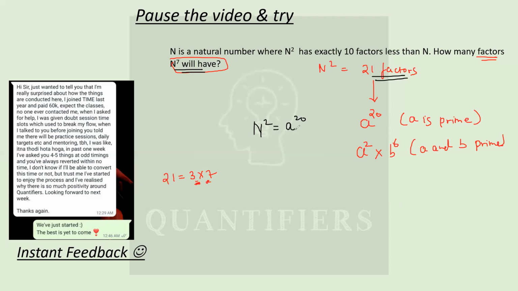Now, if n square is A to the power 20, can I say n will be equal to A to the power 10? From here, I can also say that n to the power 7 will have value A to the power 70. So students, if a prime number is having a power of 70, how many factors will it have? It will definitely have 71 factors.